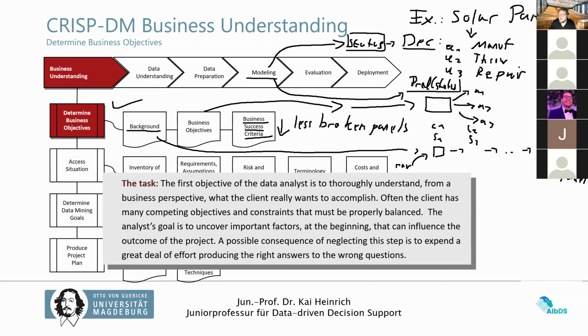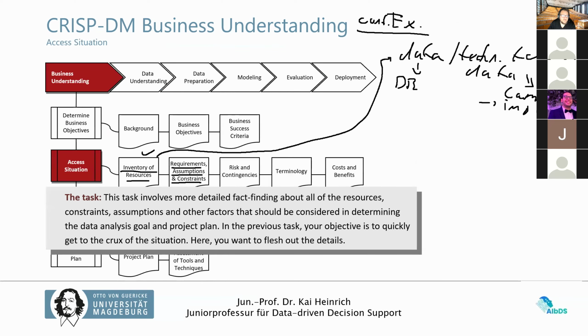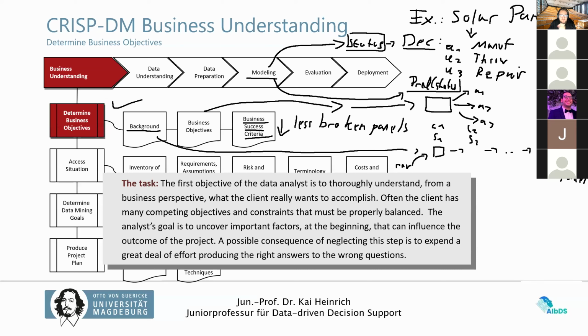This is the background you will need to ask them. And now I ask you, what kind of requirements, assumptions, and or constraints could there be for the thing I need to produce? And remember, the thing I want to produce is an automated tool. We produce an AI-based decision support system, right? What the system does is predict the status and then automatically choose one of these actions. If the status is fine, it will go to manufacturing.